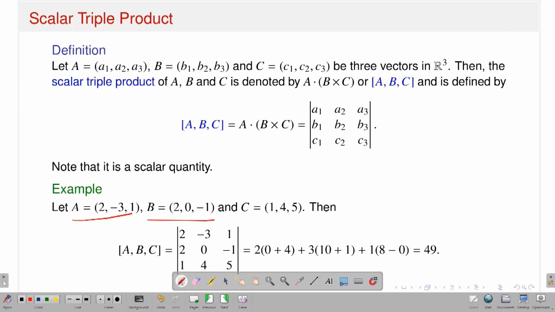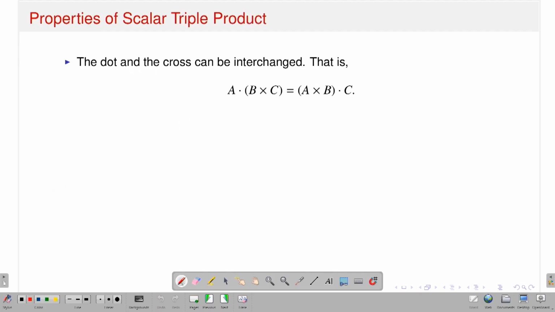Then the scalar triple product of A, B and C is basically the 3 by 3 matrix determinant, whose first row is the vector A components, whose second row is components of the vector B, whose third row is the components of the vector C. Then the determinant value is equal to 49. The scalar triple product is a scalar quantity.